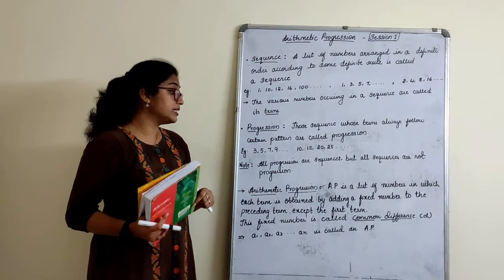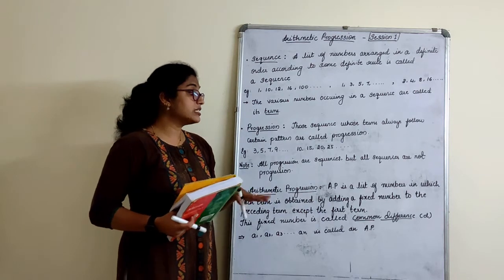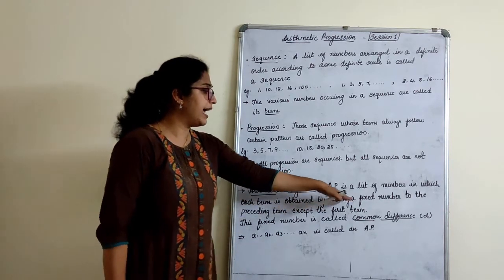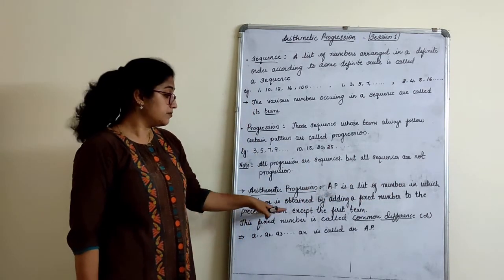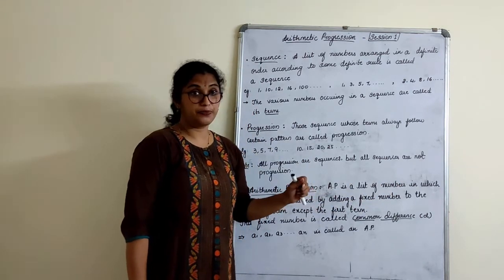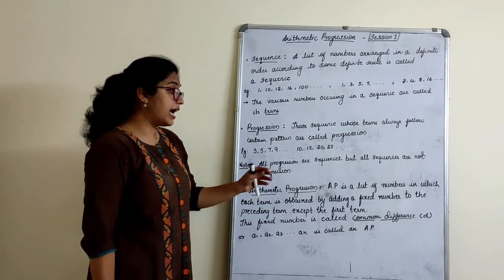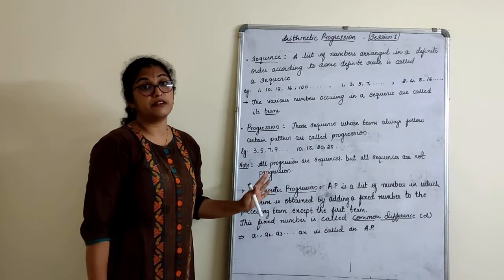So what is arithmetic progression? We call that AP. Arithmetic progression is a list of numbers in which each term is obtained by adding a fixed number to the preceding term, except the first term. That means whatever term we have, we obtain it by adding a fixed number to the preceding term except the first term.